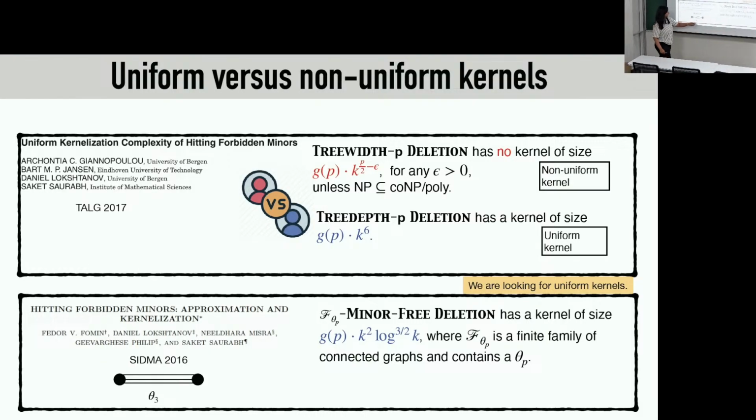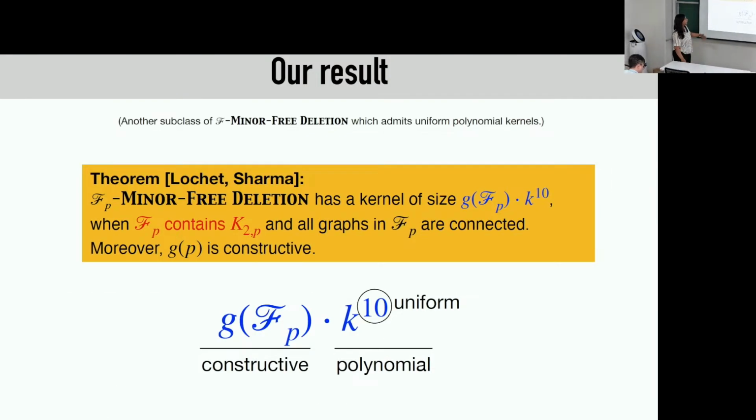A theta p is this graph. It has two vertices and p parallel edges between them. So if your family contains a theta p, then F minor free deletion also has a uniform kernel. So this is what was known with respect to uniform kernels: tree depth p deletion, theta p minor free deletion, and this brings us to our result.